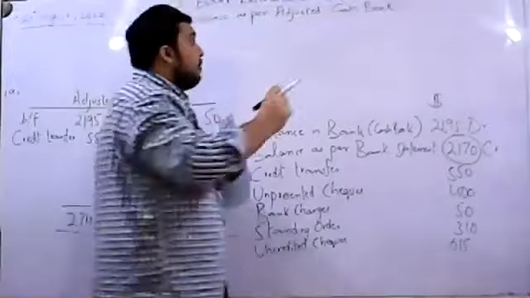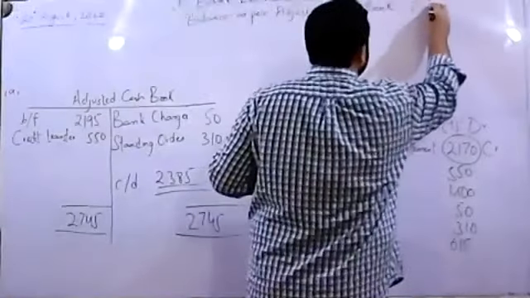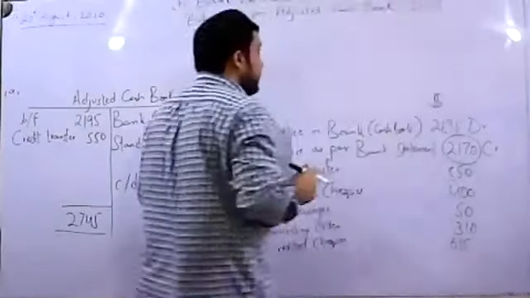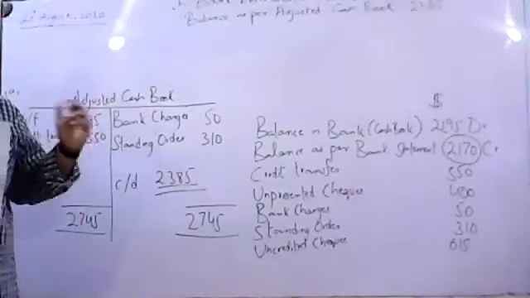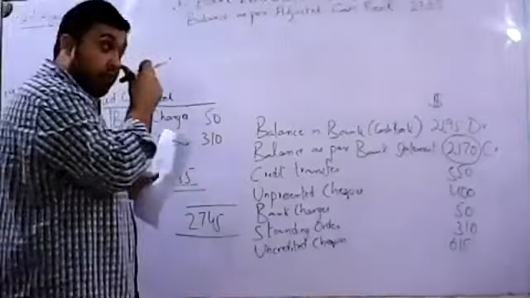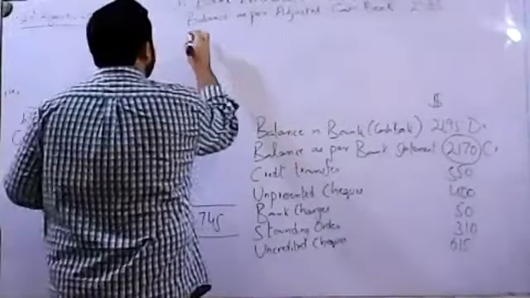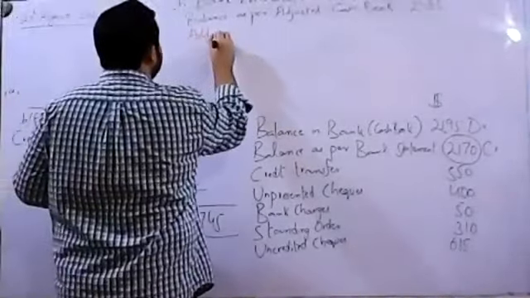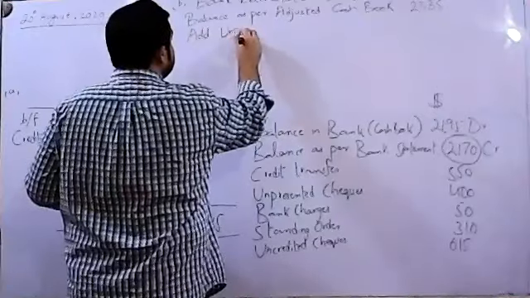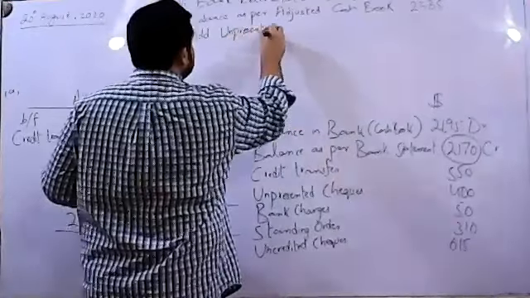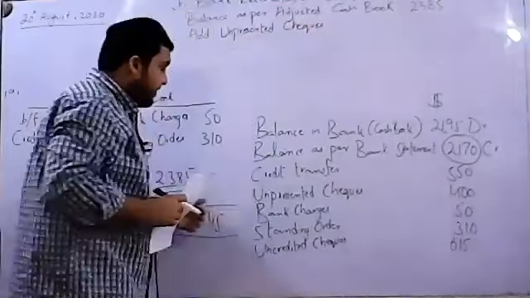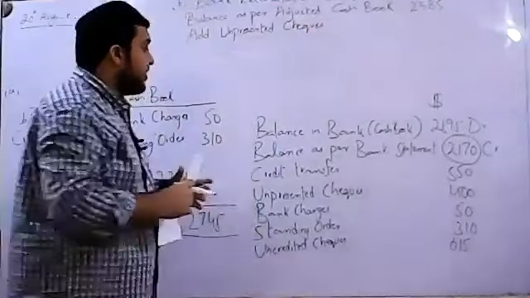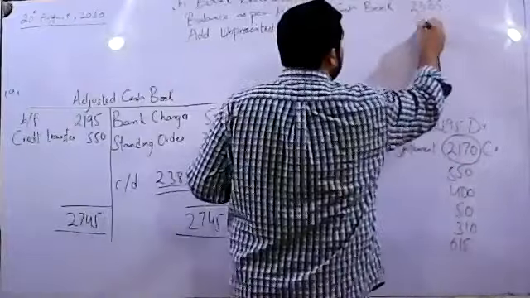We will start from this balance, 2385, right? If you remember the format that we studied yesterday for the bank reconciliation statement, it said that we add unpresented checks. We can see that we have unpresented checks over here that are worth $400.